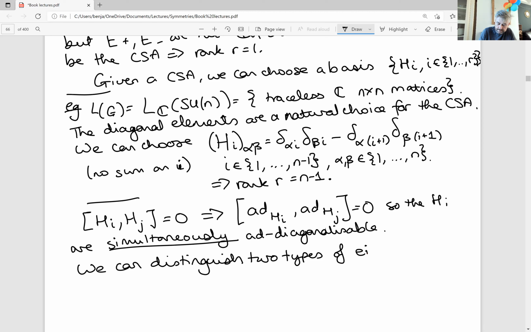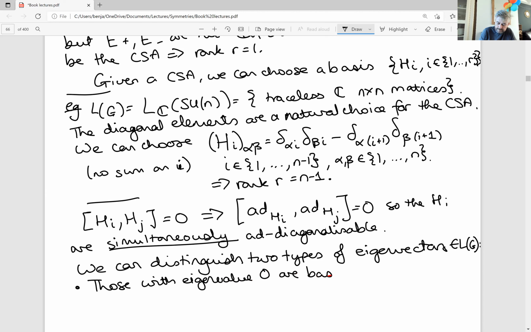Those with eigenvalue 0 are basis vectors of the Cartan subalgebra.